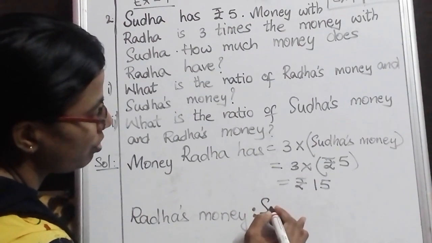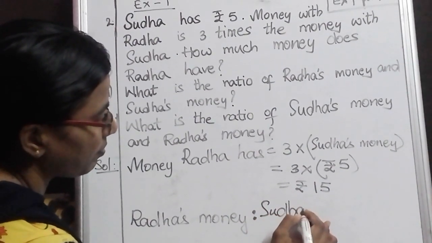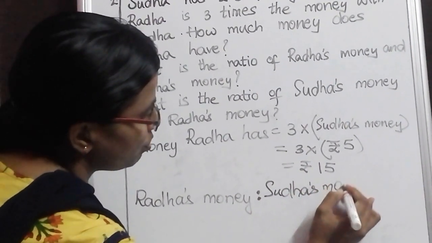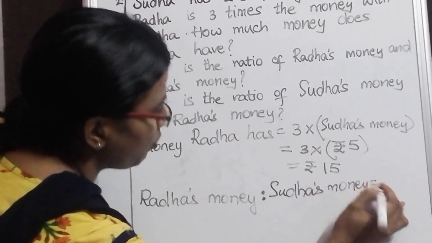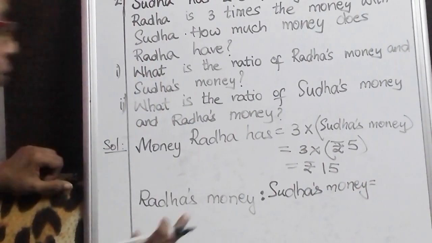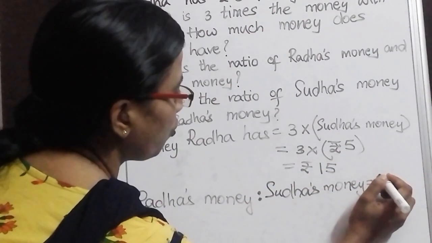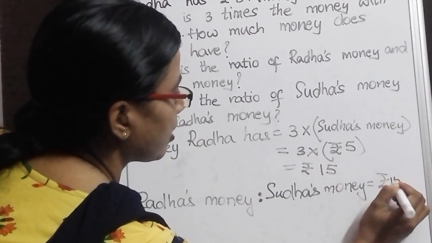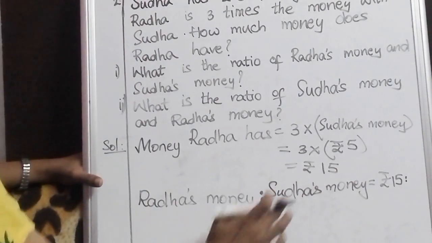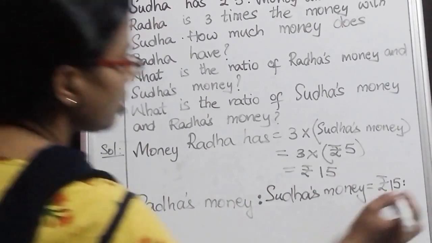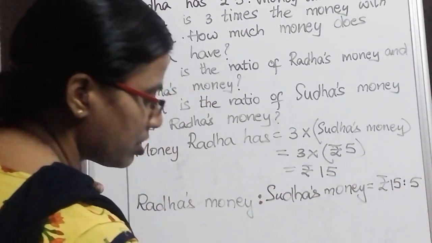Radha's money is to Sudha's money. This is what you are supposed to find out. So what is Radha's money? 15 rupees is to, how much is Sudha's money? It is 5. I will remove this rupees.